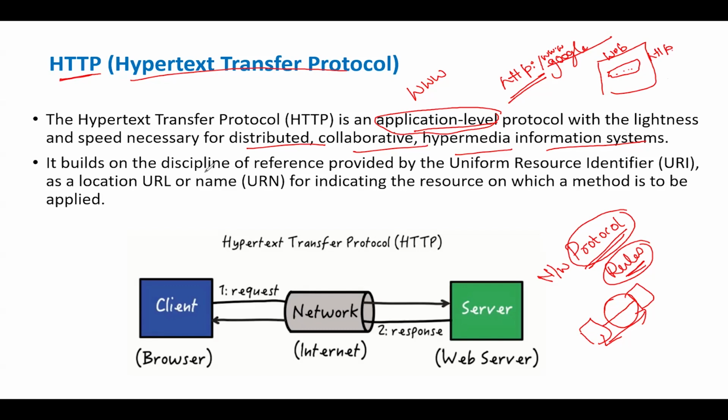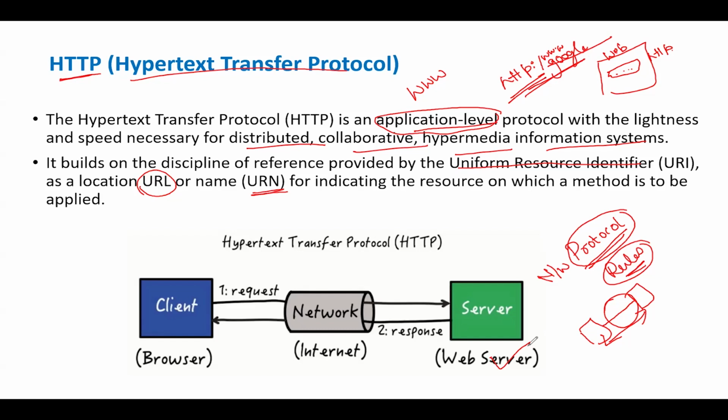So it builds on the discipline of reference provided by the Uniform Resource Identifier, URI, as a location, URL, or name, URN, for indicating the resources on which a method is to be applied. Which means, for example, if I'm saying http://google, with the help of this, the Hypertext Transfer Protocol finds out on what website or on what web server or web client that particular protocol is to be applied.